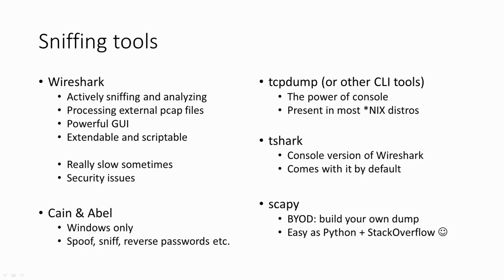Okay, and there are already a lot of recipes for that on Stack Overflow, so you can just start using it right away. There is a really cool tutorial, and if you're not familiar with Python, that's basically not a problem.